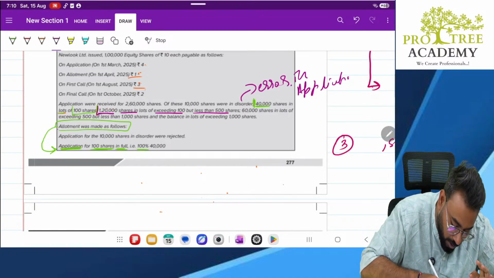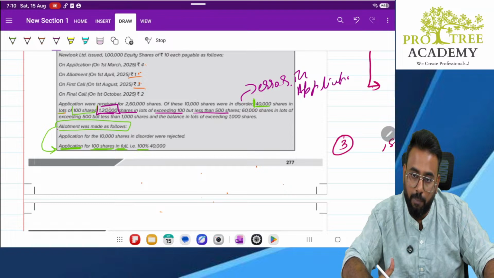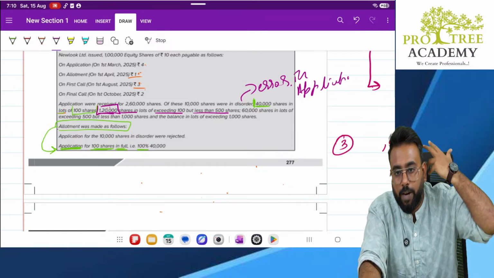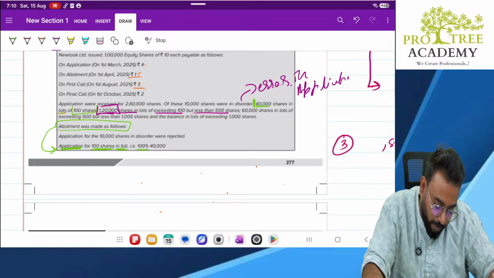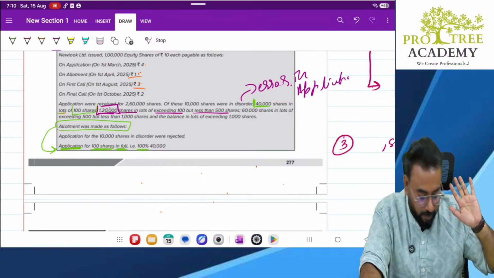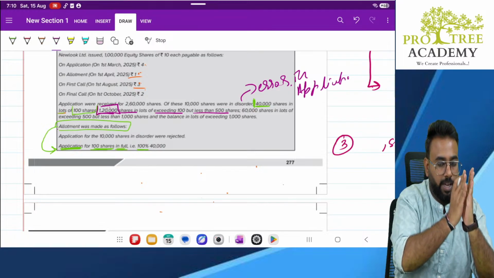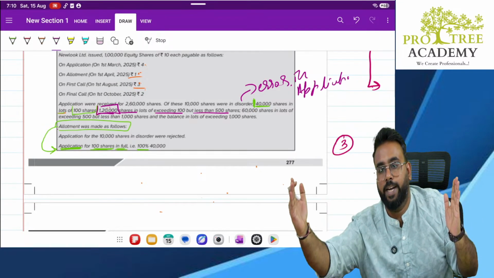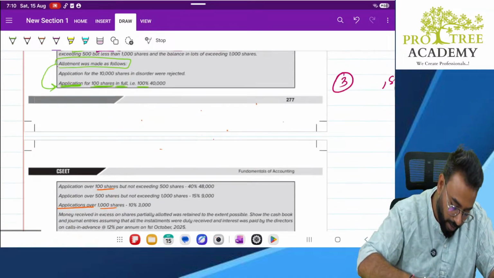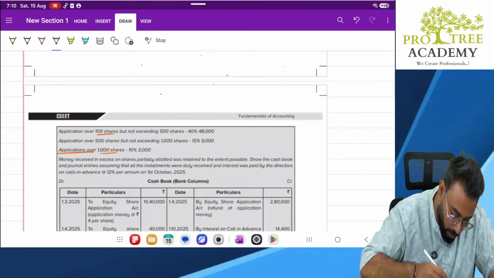So this 1,20,000, how have they applied? Some people have applied for 150, some for 200, some for 400, some for 499, but not 500. So it is between 101 to 499. Clear?